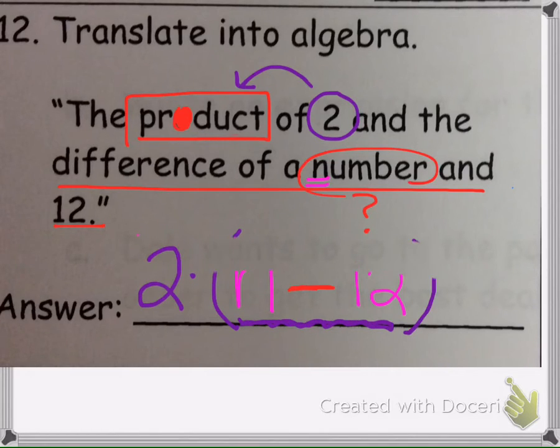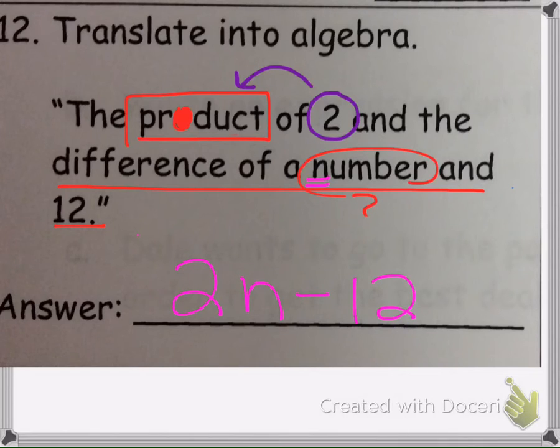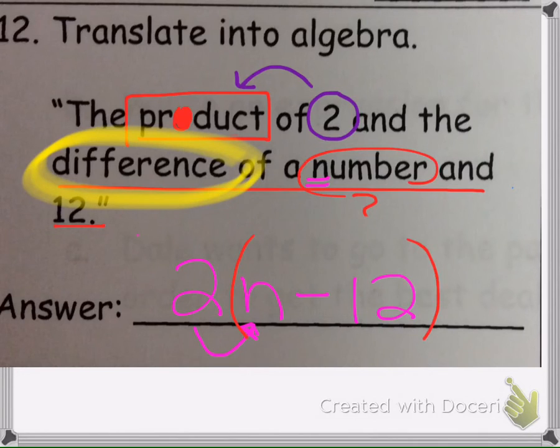Now, if instead we wrote our answer like this, then this means only the 2 is being multiplied to the n. It says that the 2 needs to be multiplied by the whole thing that's being subtracted. So therefore it's wrong if we don't put the parentheses. And that would be our final answer.